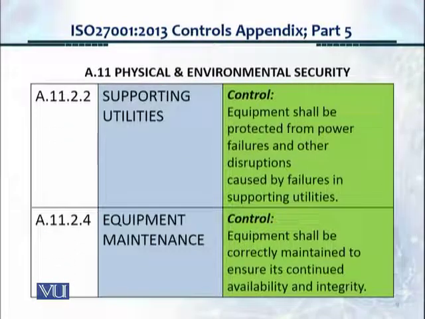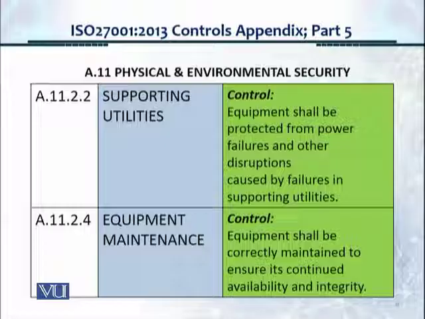Let's take a look at some of these. Supporting utilities, 11.2.2, says equipment shall be protected from power failures and other disruptions caused by failures in supporting utilities. So we're talking about a backup system in terms of utility: the battery bank, the generator, another source of power. And then equipment maintenance.